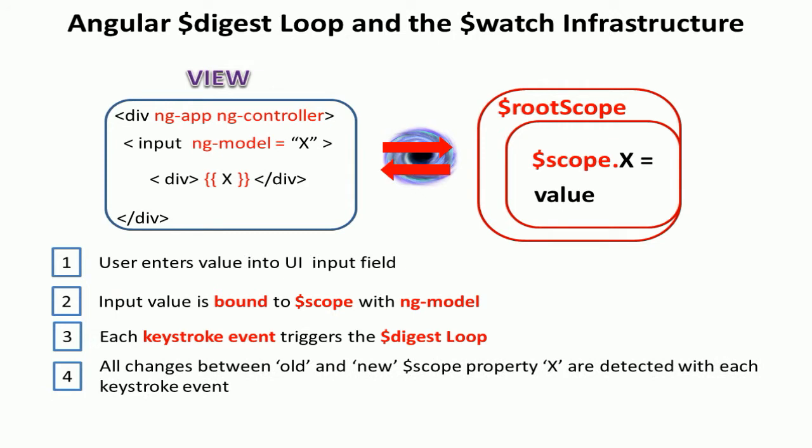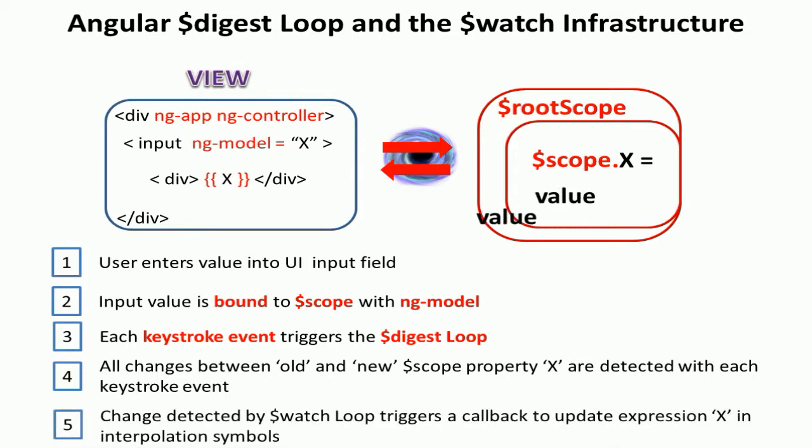Step 4. All changes between the old and new scope property X are detected by the digest loop together with the watch loop with each keystroke event. Step 5. The change detected by the watch loop triggers the listener callback function and updates the DOM with the new value for expression X in the interpolation symbols.